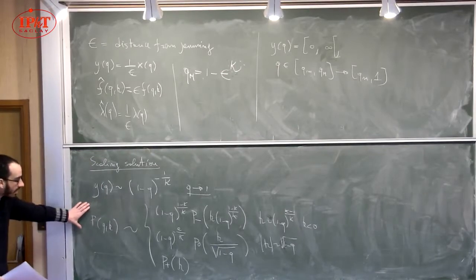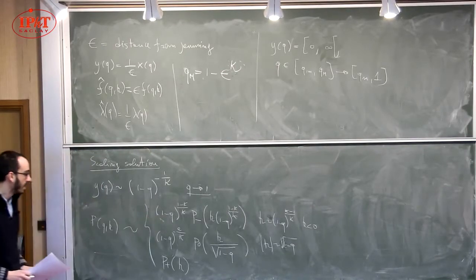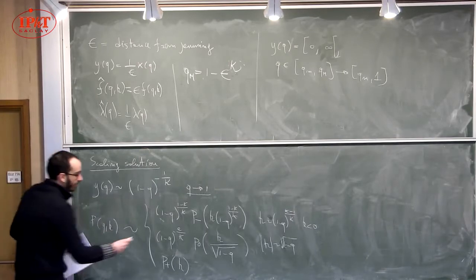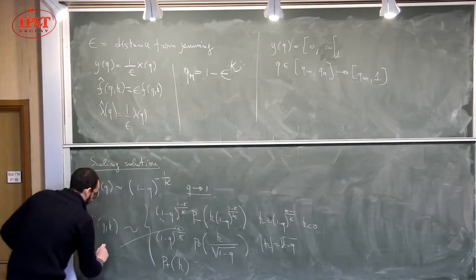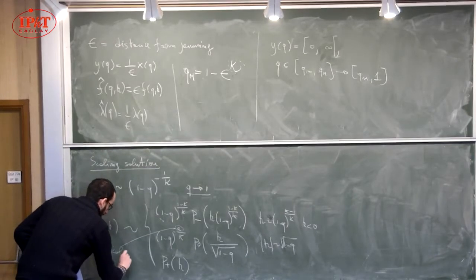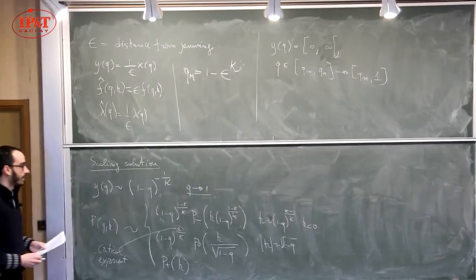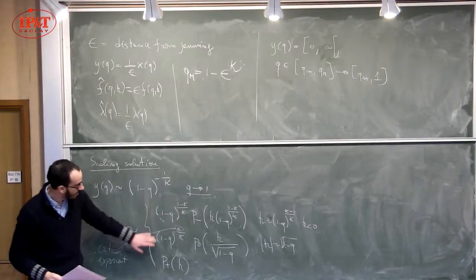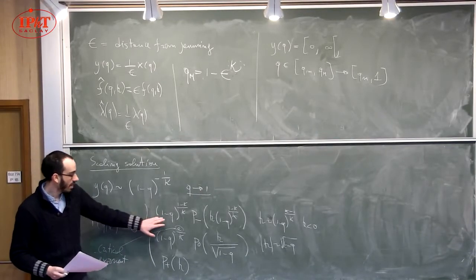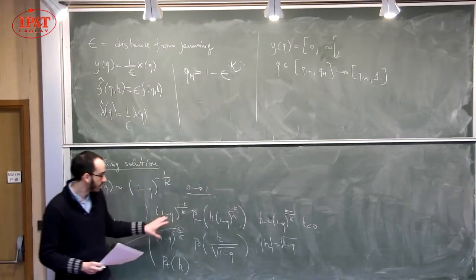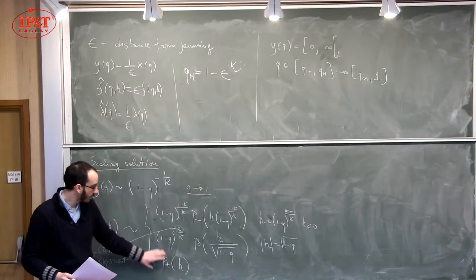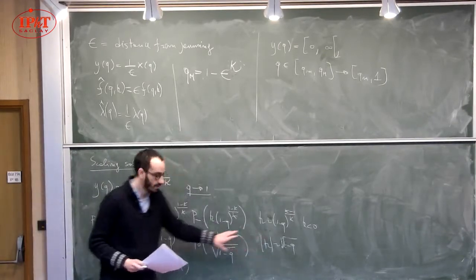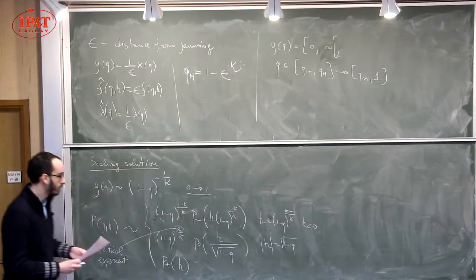So this is a scaling ansatz for p of q, and this depends on another critical exponent, a. So the fact that you have these three regimes, I will show you that there is a way in which we can obtain the fact that you have two regimes here, and then once you have these two, you should have a matching regime here, and this one will be the crucial one.